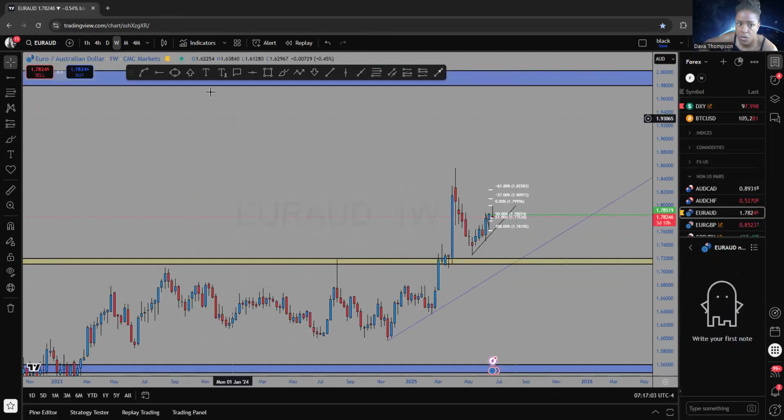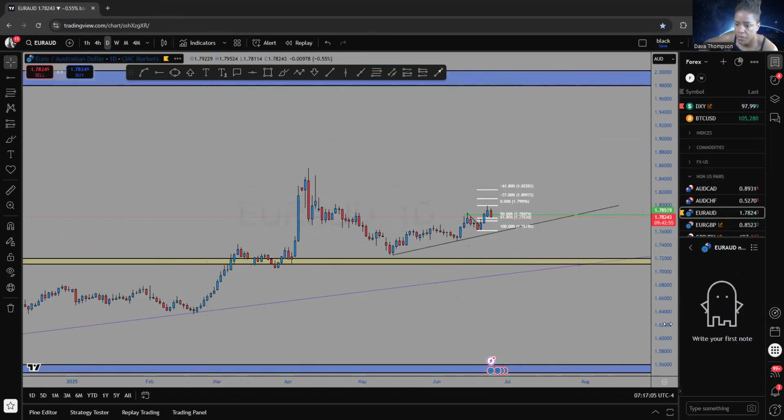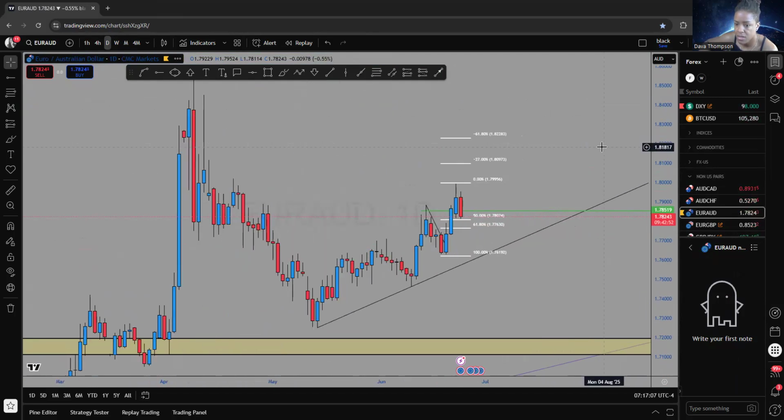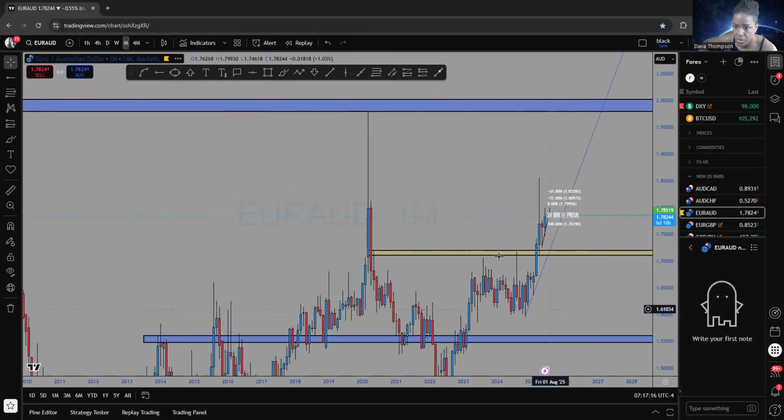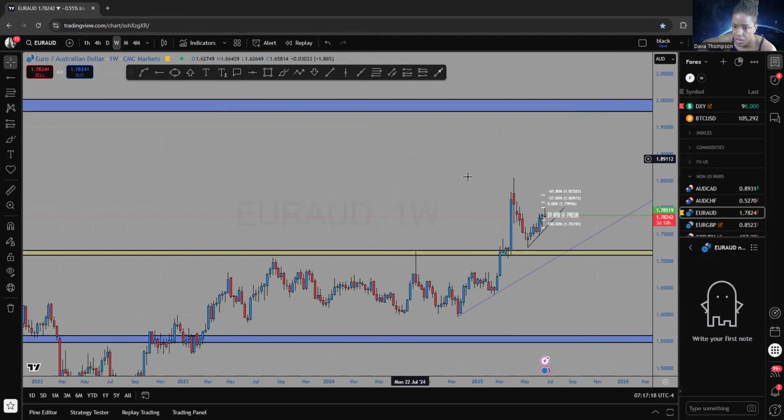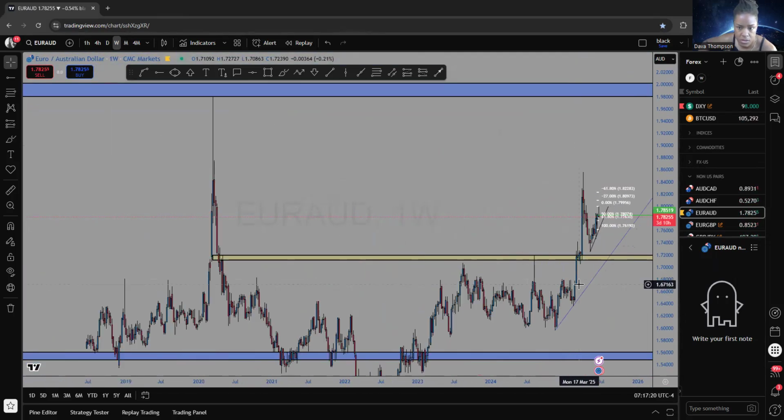But aside from all the noise, I think the thing that could be simple, easy, breezy, beautiful is probably just your AUD, right? Monthly time frame, everything's completely bullish. And then we have this weekly to the left.